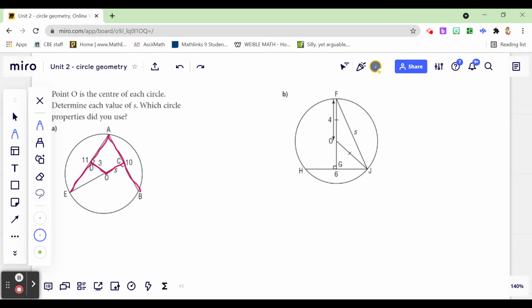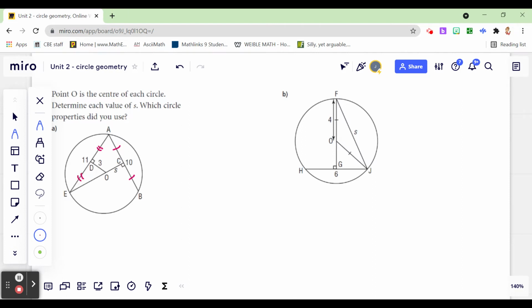Okay, so based on that, I have two perpendicular bisectors happening. I have this one, and I have this one. So that means that this equals this because it bisects it. And this one, I'm going to do two notches to show that it's different from the one notch. These are equal.